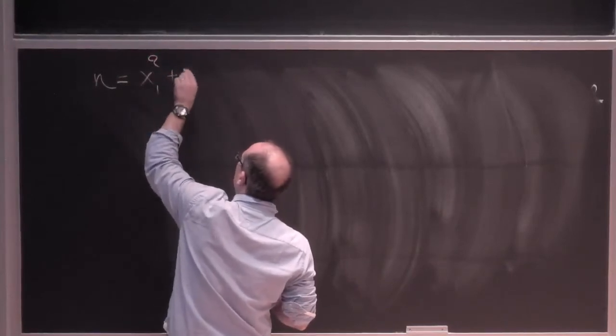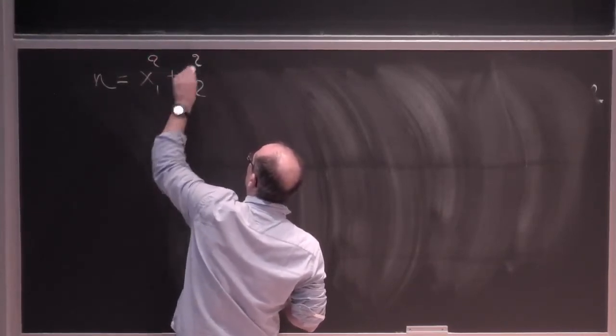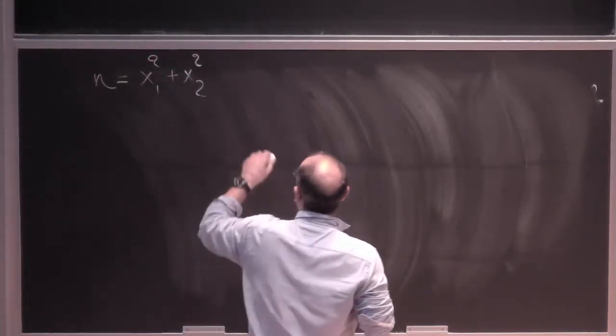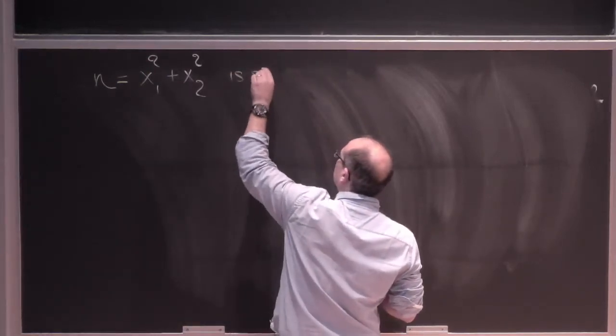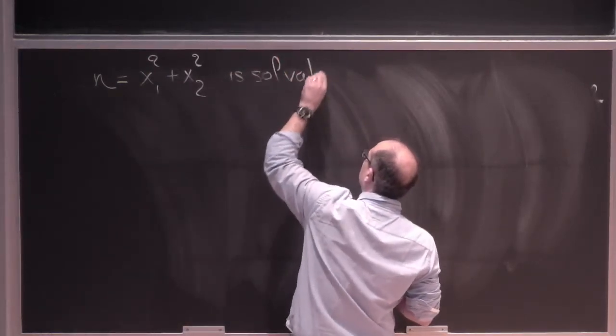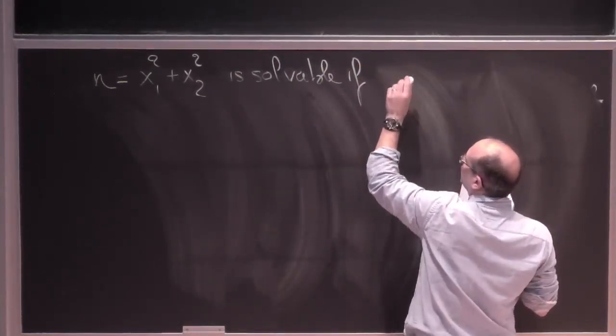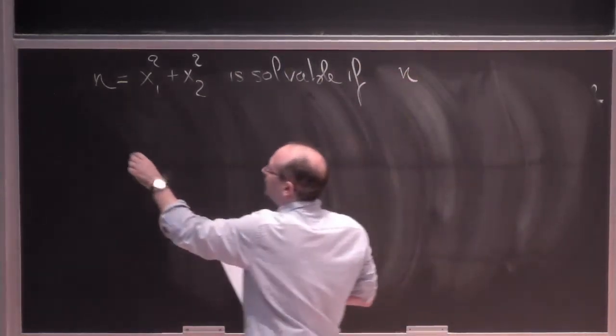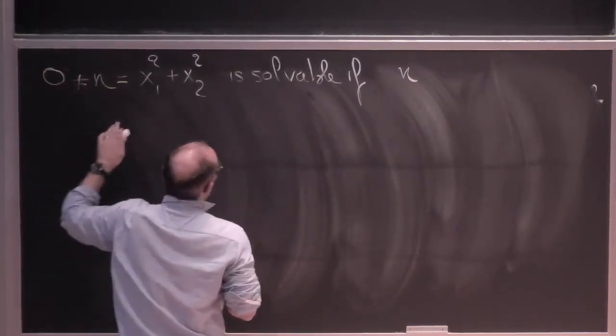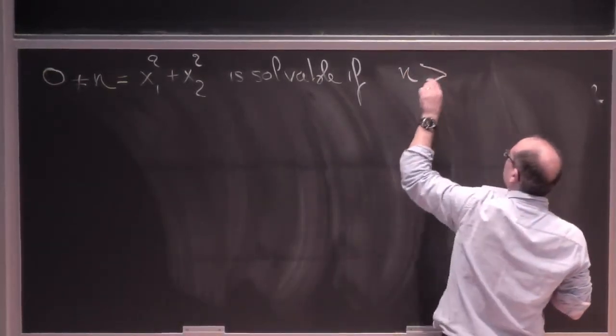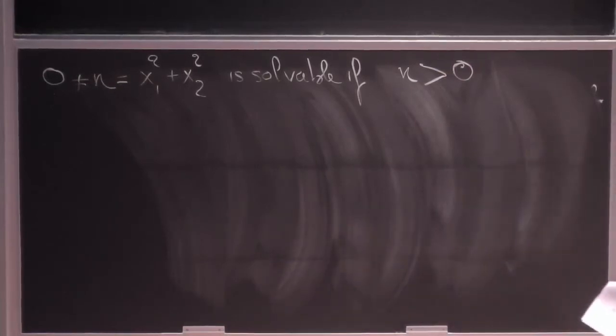This equation here, given n non-zero, is solvable if and only if, first, a local condition, your integer n has to be positive.